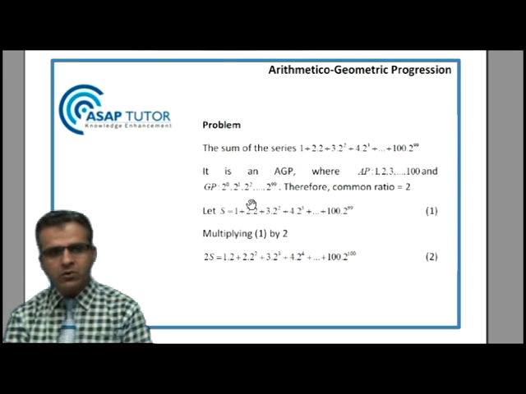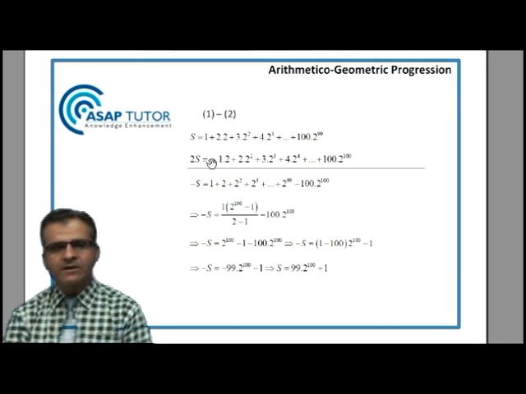Then 2 into 2 minus 1 into 2, then 3 into 2 square minus 2 into 2 square, 4 into 2 cube minus 3 into 2 cube. Like this we subtract these 2, so subtracting we get s is equal to 1 plus 2 into 2 plus 3 into 2 square and so on.